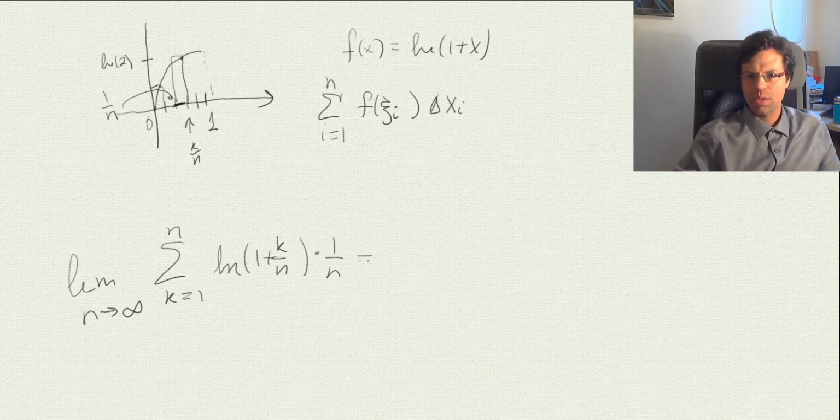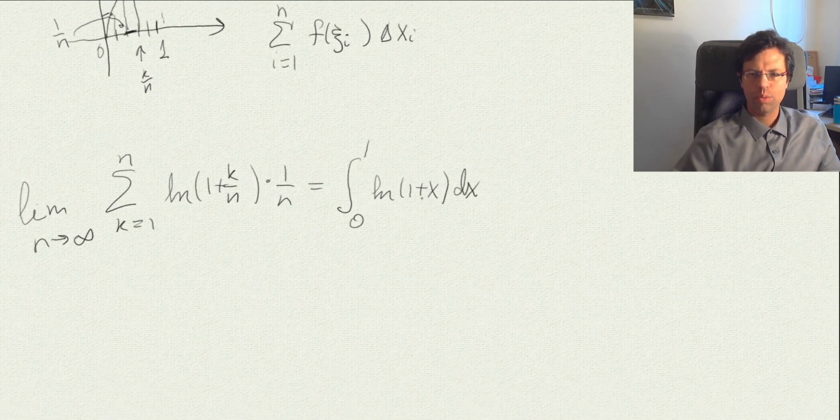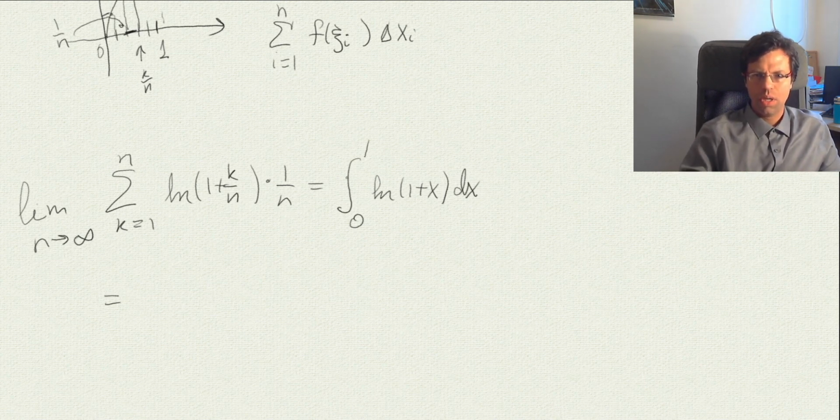Since the natural logarithm of 1 plus x is a Riemann integrable function, this limit is going to be exactly this integral. And then we can compute this Riemann integral by relying on the fundamental theorem of calculus, by computing the antiderivative of this function with integration by parts, and then substituting the endpoints.